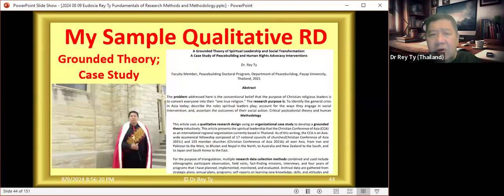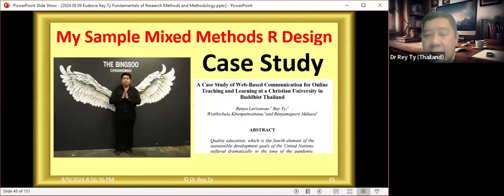This is a sample of my qualitative research. Again, this is published. A chapter in a book published in the US. I think it's chapter 2 or 3. So this is a case of grounded theory and case study. And then I have another journal article.